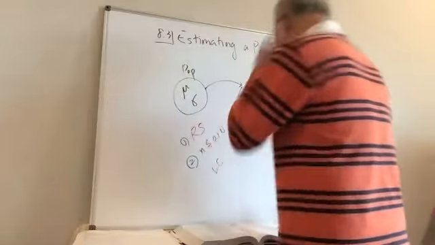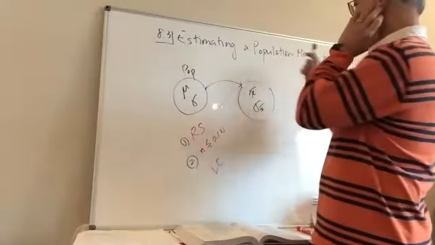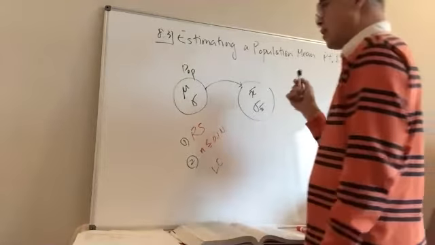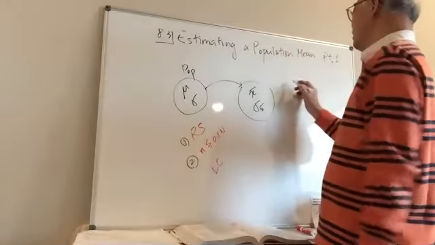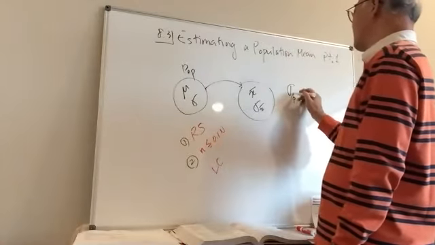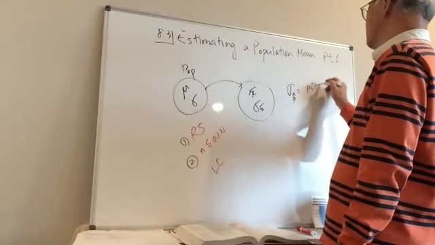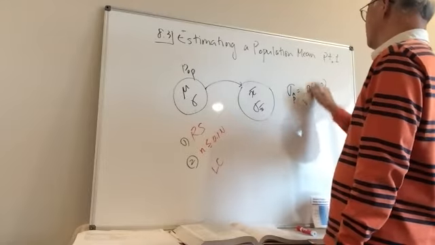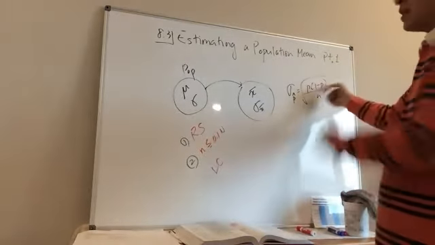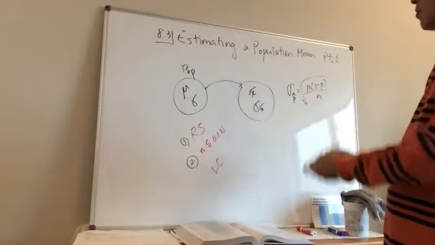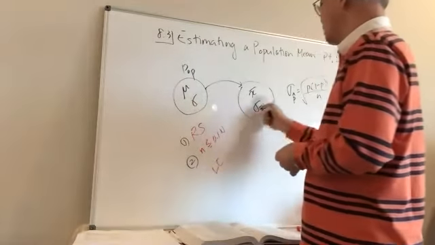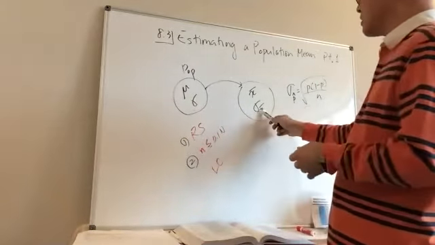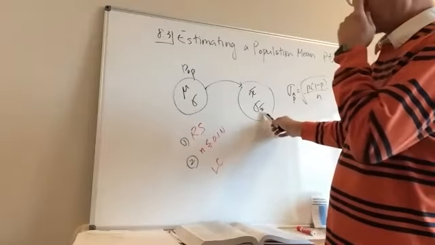So the problem with 8.3, the problem with a population mean, is that with the proportion, we were able to say that this guy was this. We don't have this anymore. So we don't have something that we can immediately use to say what sigma is here, what the sigma of x bar is.